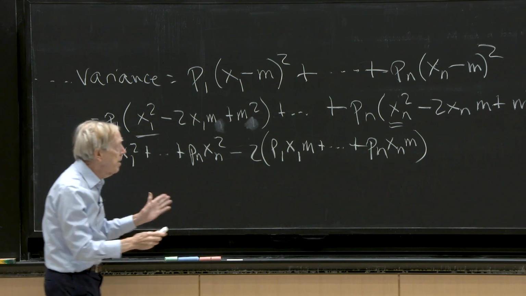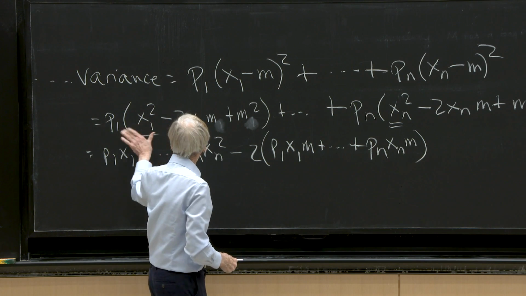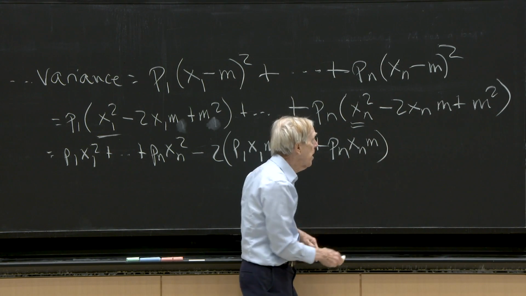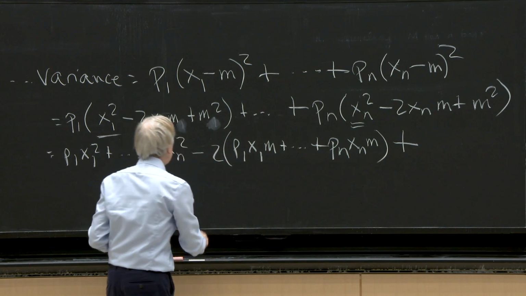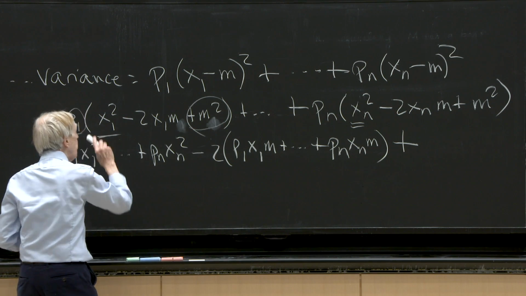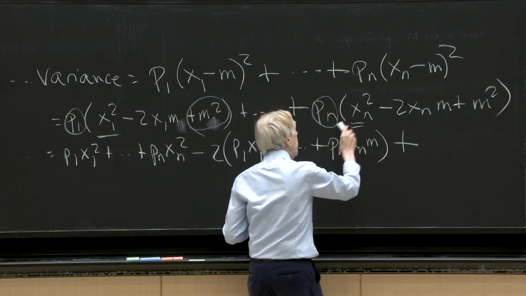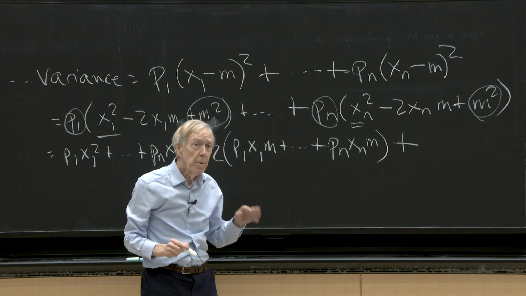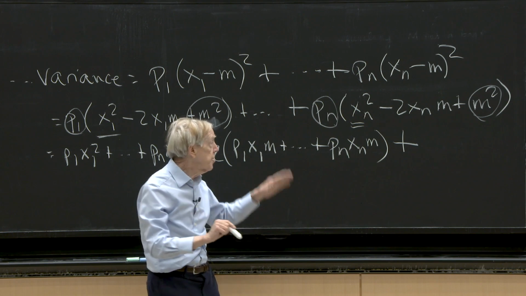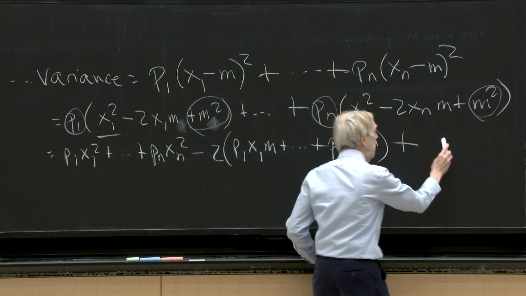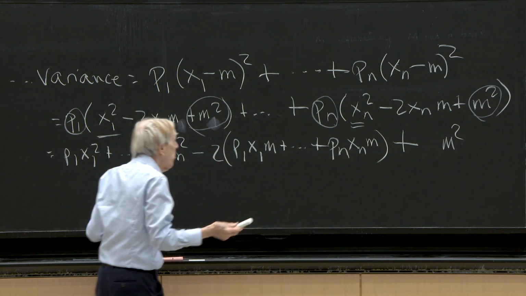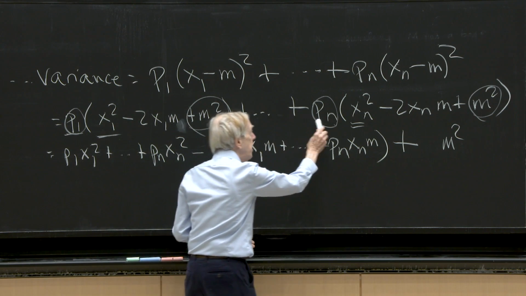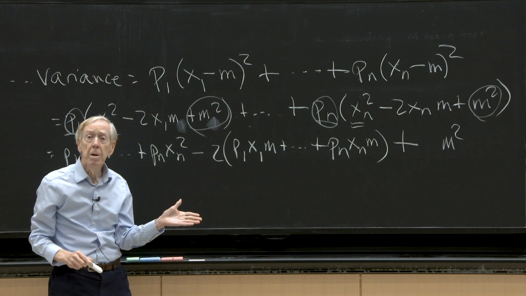I'm just writing it all out, and I'm going to recombine it. So now I have p1 m squared plus p2 m squared plus pn m squared. Are you with me? So m squared is in every term, so I'm going to have an m squared. And what's it multiplied by? P1 here, P2 here, Pn here. I add those up and I get 1.